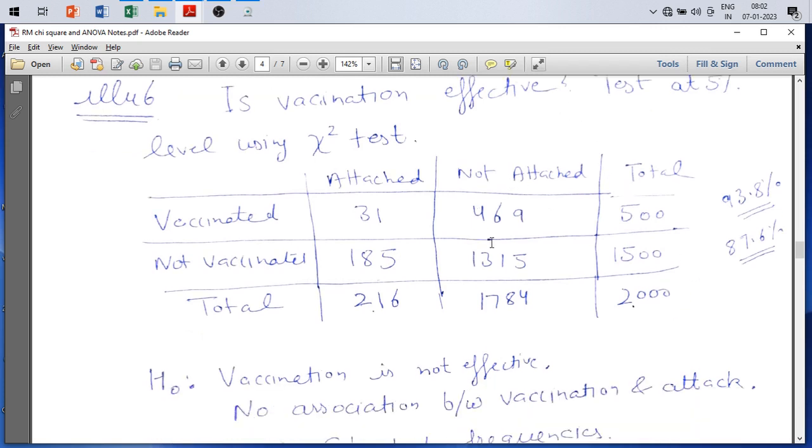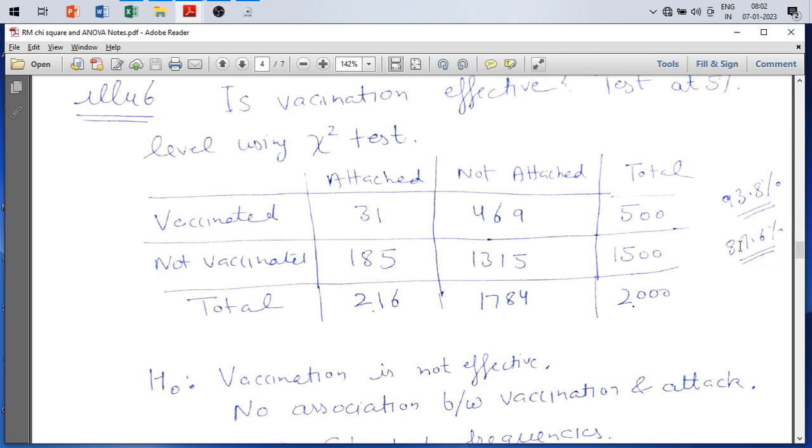If we look at the data here, if we just calculate the percentage, if we do this 469 by 500, it turns out to be 93.8%, and 1315 by 1500 turns out to be 87.6%.